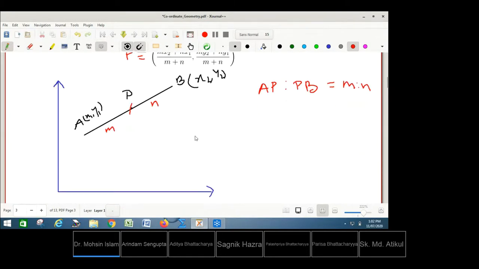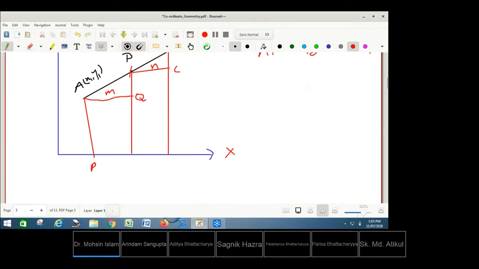Let me draw the perpendiculars from P, from A, from B, and complete the triangles. This is Q and this is C, this is the x-axis, this is the y-axis, and you can name the points R, S, T.